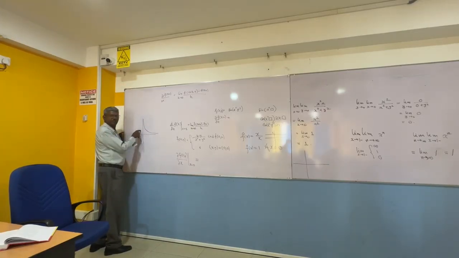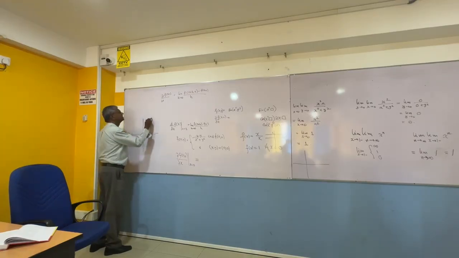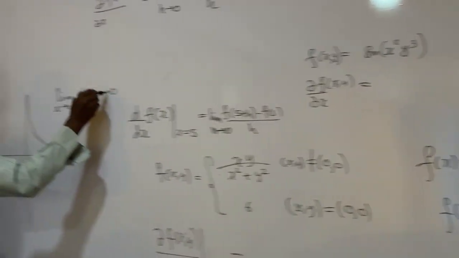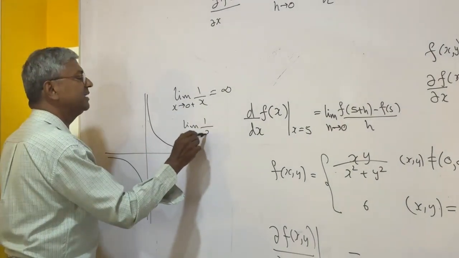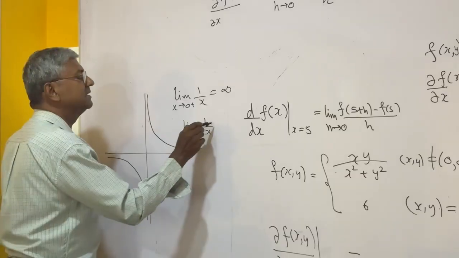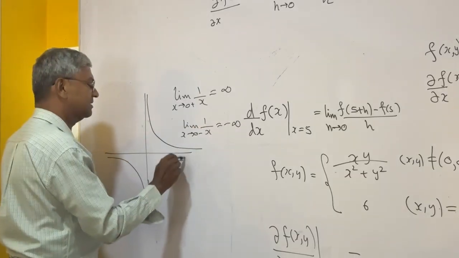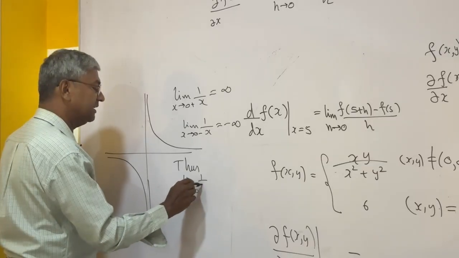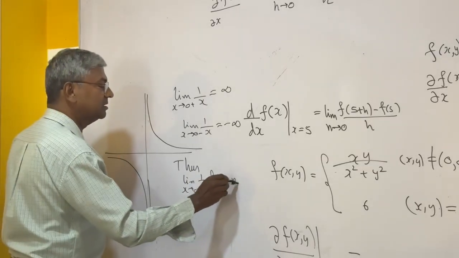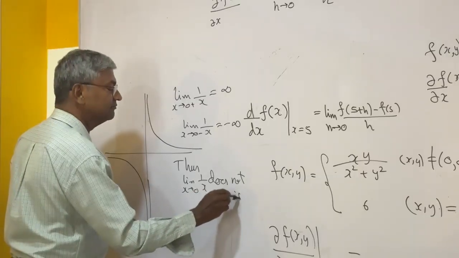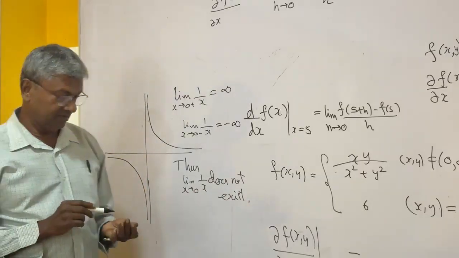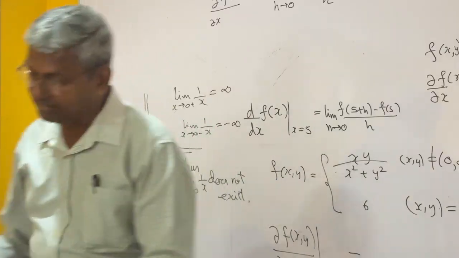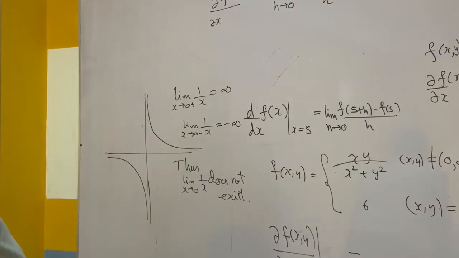If you are coming to 0 from the plus side, limit of 1 over x, x tends to 0 plus, is plus infinity, and limit of 1 over x, x tends to 0 minus, is minus infinity. Thus, limit x tends to 0 of 1 over x does not exist. It doesn't have a limit. In the same way, this 4x to the minus 3, when x tends to 0, does not have a limit.